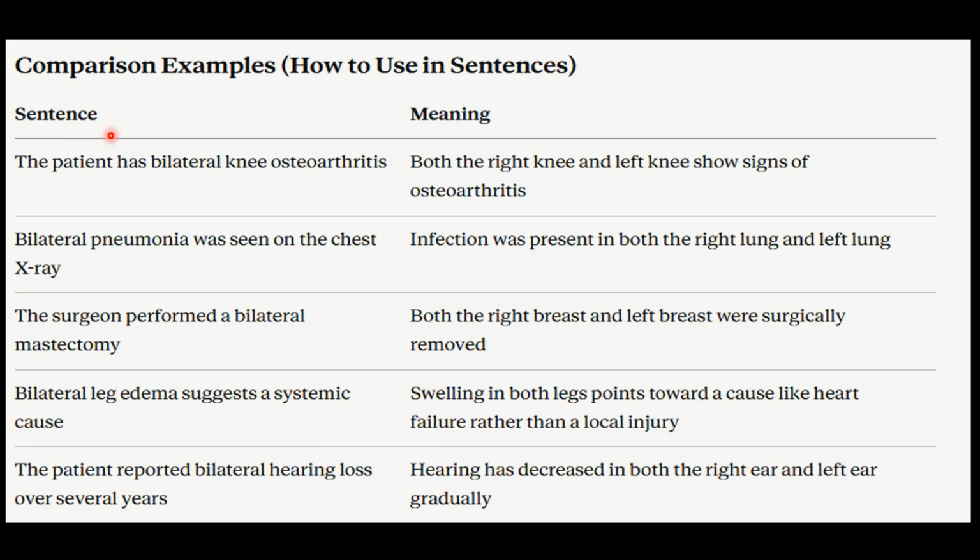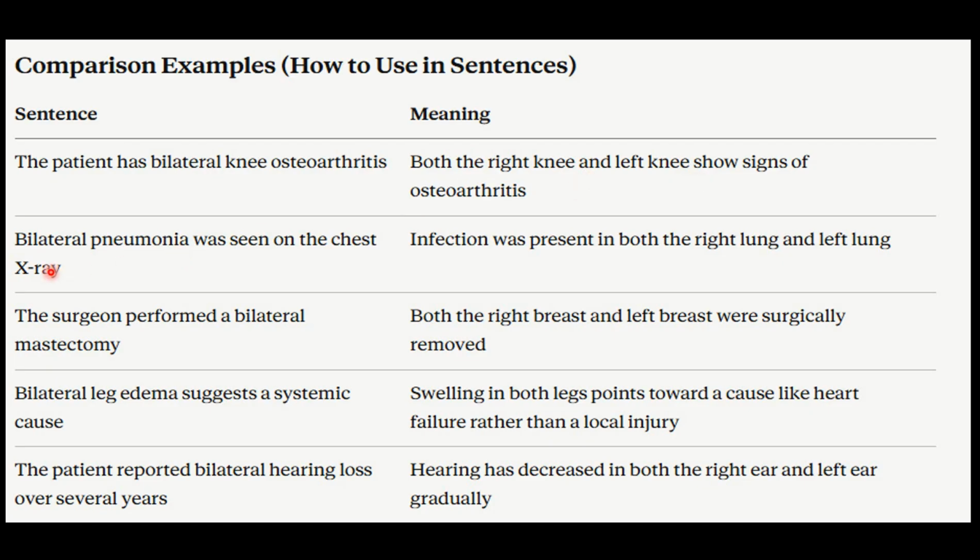Here you can see some comparison examples which will help you understand things properly. The first sentence says the patient has bilateral knee osteoarthritis, which means both the right knee and the left knee show signs of osteoarthritis. It is clear because we are talking about bilateral, meaning both sides, right side as well as left side.